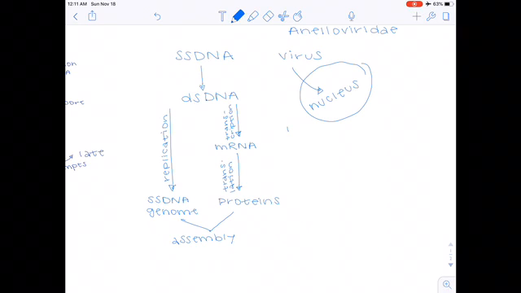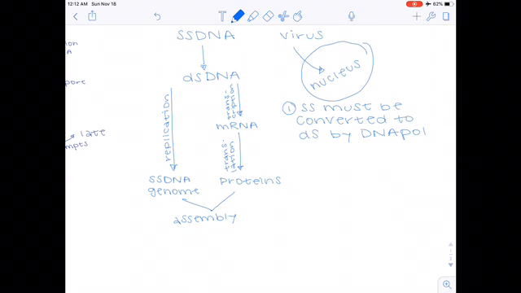So the single strand must be converted into the double strand by DNA polymerase. So just abbreviating here, SS single strand, DS double strand. And again, abbreviating DNA polymerase, DNA pol. Okay, and yeah, I'll put 2 here, replication.